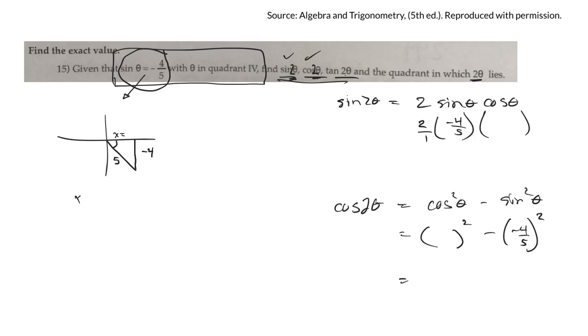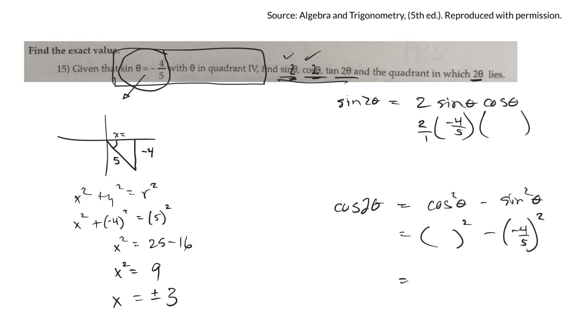So x squared plus y squared equals r squared. X squared, I don't know. Y squared, -4 squared. R squared. So I get x squared is equal to 25 minus 16, x squared is equal to 9. X is equal to plus or minus 3.